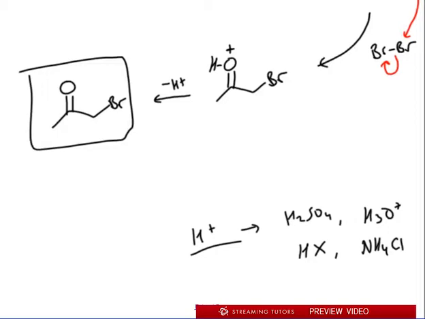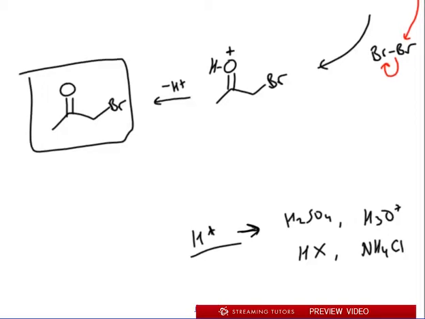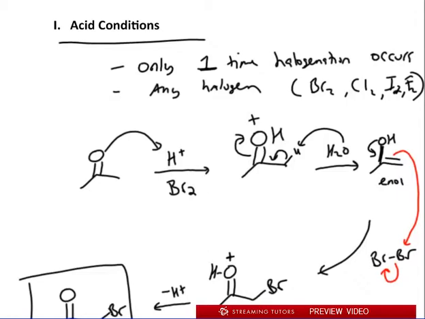So with all these different acid types, don't get too caught up on what the acid is. Just realize the general flow. What's really important to note, and you'll see why I keep emphasizing this, is that you have to show the enol in acid conditions. In base conditions, you really don't have to show the enol, not for the mechanism, but in acid you do. We're going to see that when we go over the base now. So that's the acid pathway.